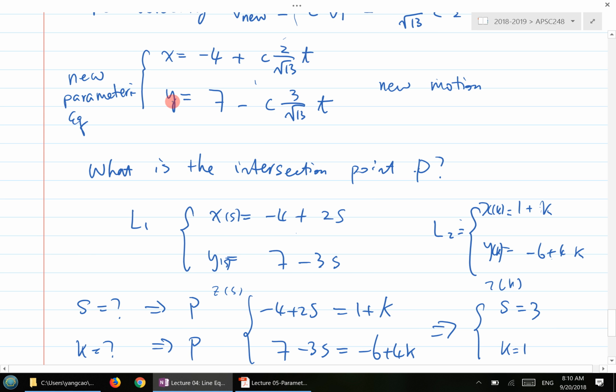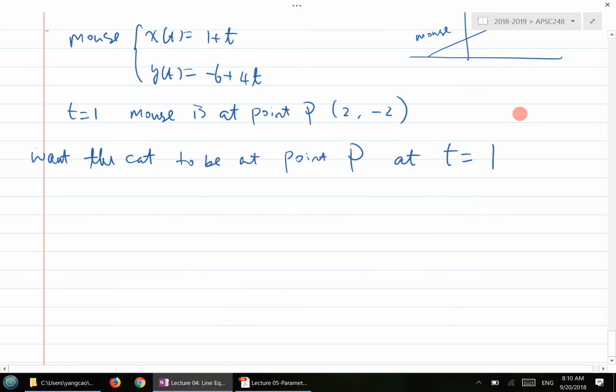So the next step I'll do is I'm going to substitute t equal to 1 into this cat line equation, and also substitute x and y for the cat motion to be the coordinates of the point P. So here, x equal to 2, which equals the new cat equation here, so -4 plus c times 2 over root 13 times 1, right? That's t equal to 1.